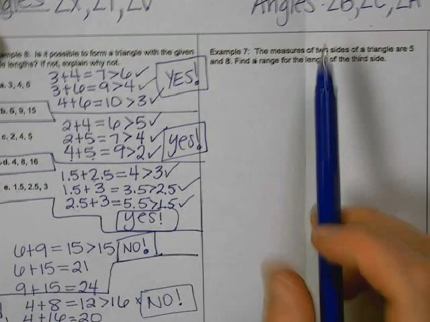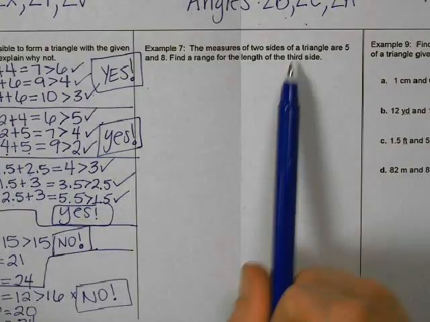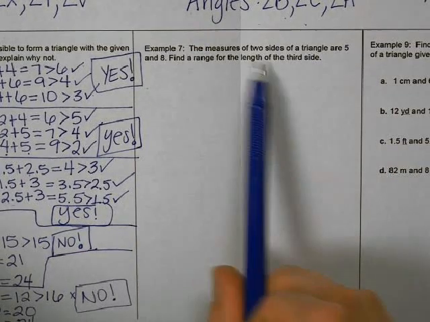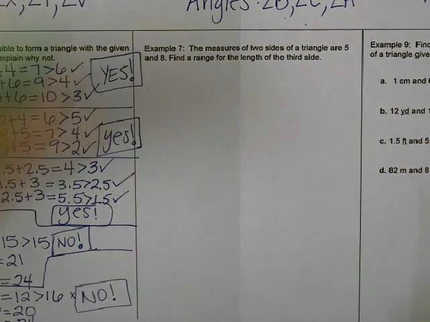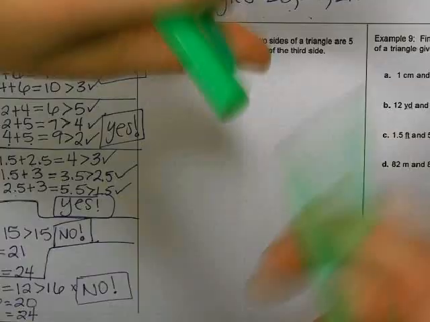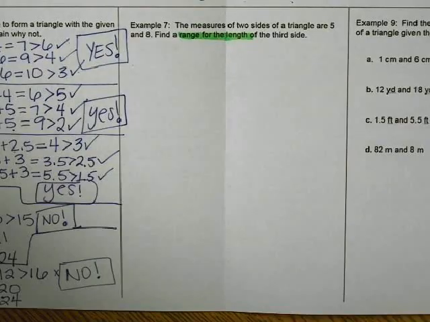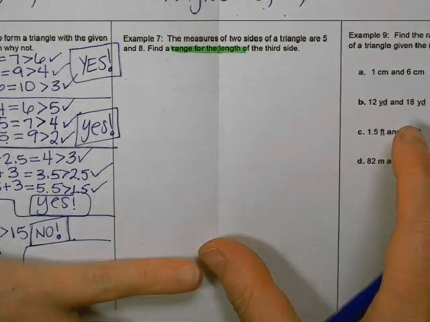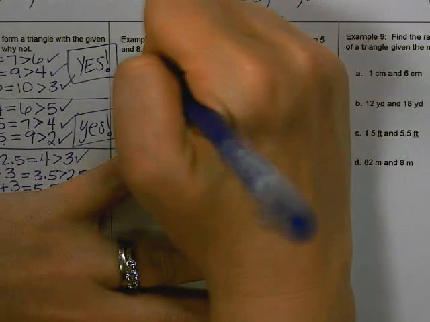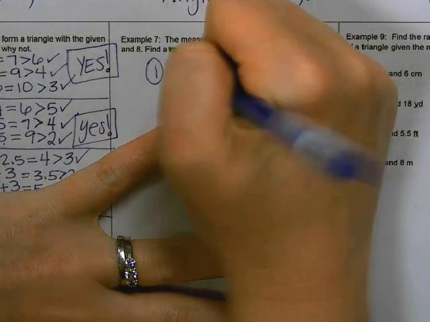Okay? Alright. Example 7 says, the measures of 2 sides are 5 and 8. Find a range for the length of the third side. So the directions say find a range of the length. So what we're going to do is a 3-step process for problems like these. The first one is we're going to add the 2 numbers.